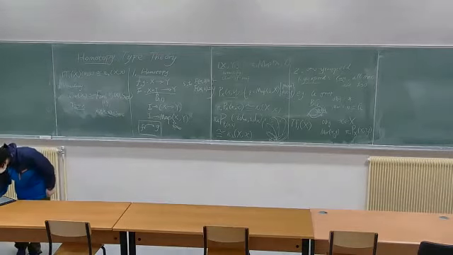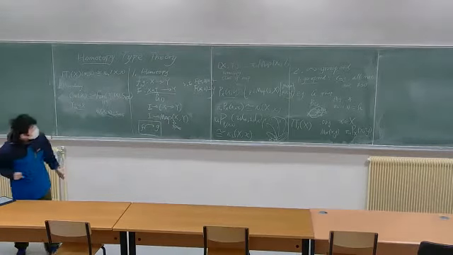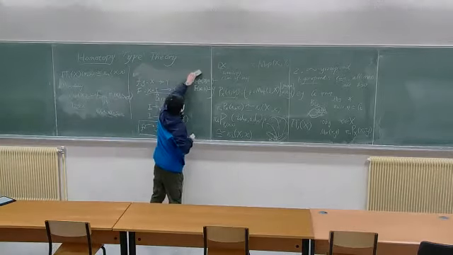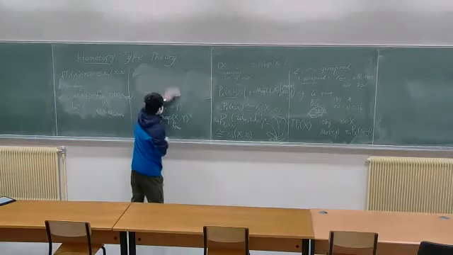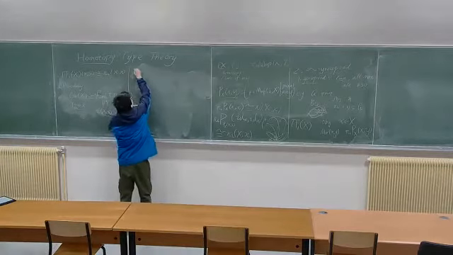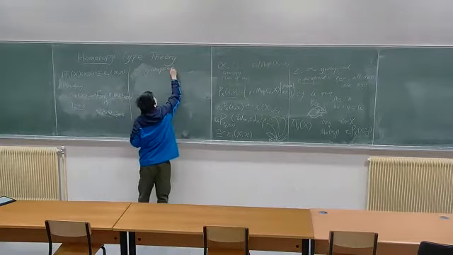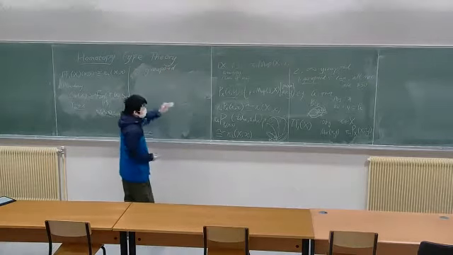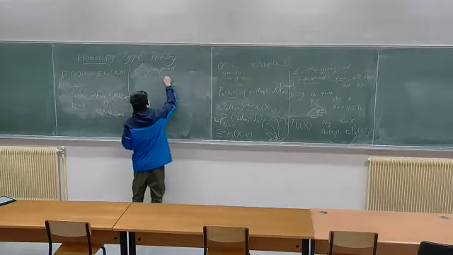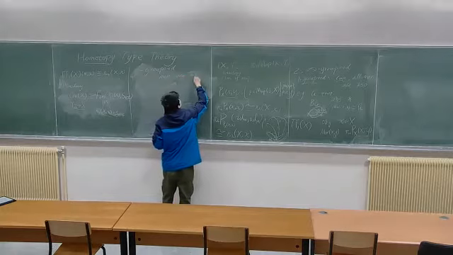So what we do is keep going on. We can define so-called two-groupoids. A two-groupoid is very similar to a groupoid, but its morphisms are one-groupoids.